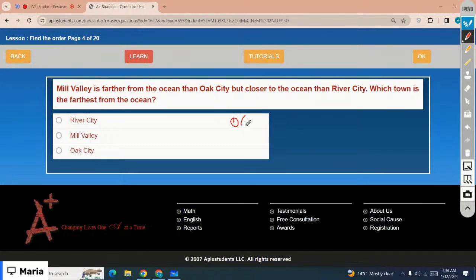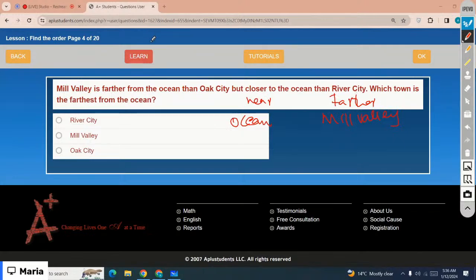Okay, so here is ocean and here is Mill Valley. Mill Valley is farther than Oak City from the ocean, so that is farther and that is near. Mill Valley is farther from the ocean than Oak City, but closer to the ocean than River City.